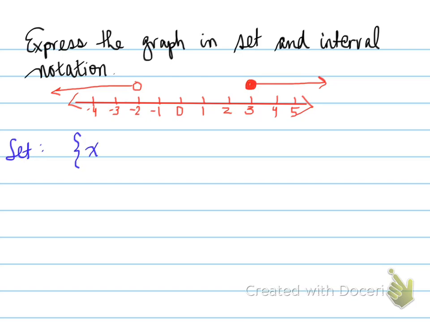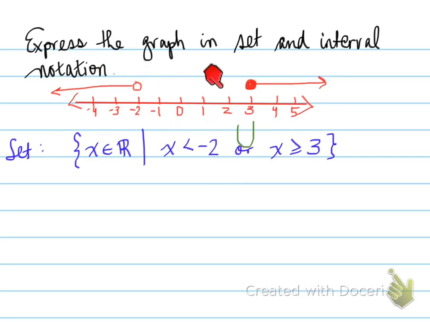In set notation, x belongs to real such that x is less than -2 or x is greater than or equal to 3. Now instead of or, we can use a U symbol to represent or. So a U or the word or are both acceptable.